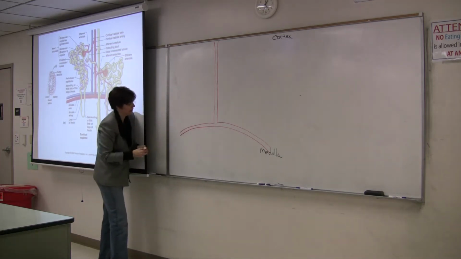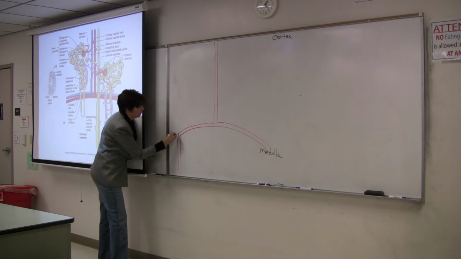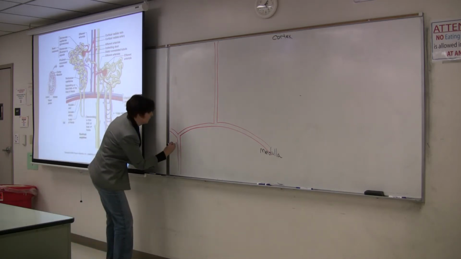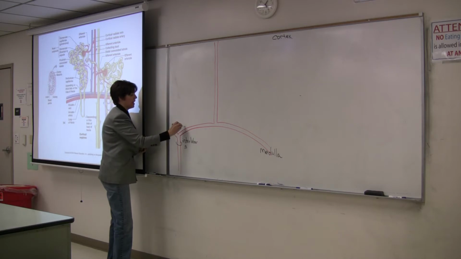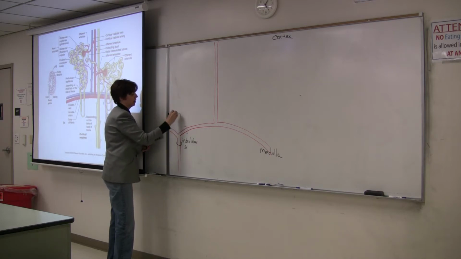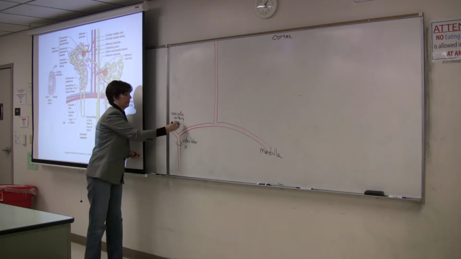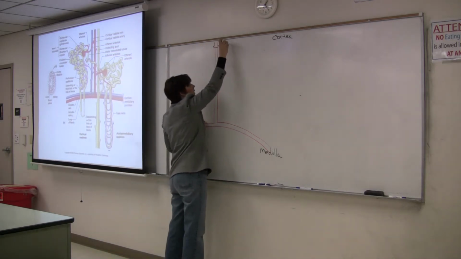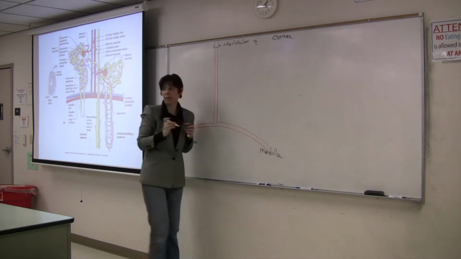We would have here an interlobar artery. This would be the arcuate artery. And the interlobular artery.